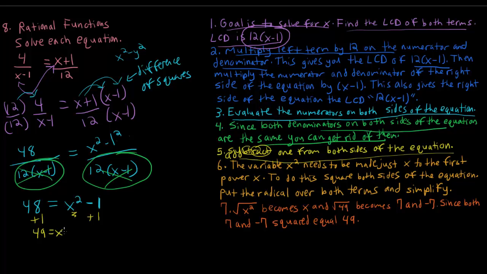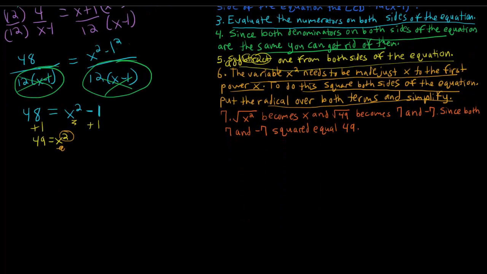And then heading over to step 6, x squared needs to be made just x. Again, we're trying to solve for x, so we need to get rid of this exponent. To do this, we take the square root of both sides of the equation. We put a radical over both terms and simplify. So you have 49 equals x squared.